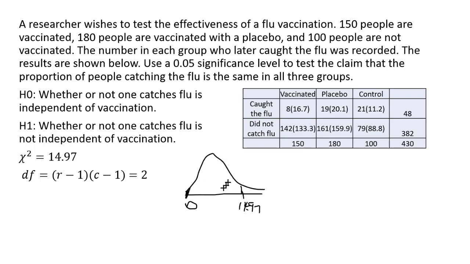And that's about 0.999, which means the probability of getting some value of chi-squared between 0 and 14.97 is 0.999. But because we want to know how significant this 14.97 is, we phrase the question as: what's the probability of getting 14.97 or something higher than that? That's called a p-value, right? So for that p-value, you actually have to subtract from 1.